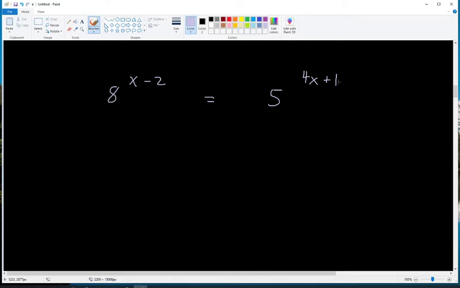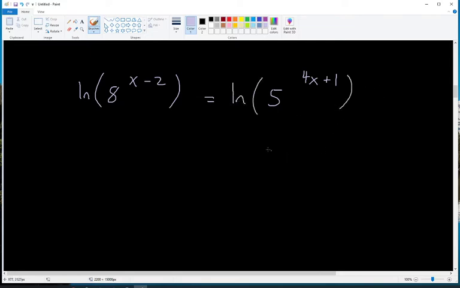So in this case, we can't use the match-the-log trick. We're going to apply a logarithm that at least is a button we have on our calculator, so we apply natural log to both sides of the equation.